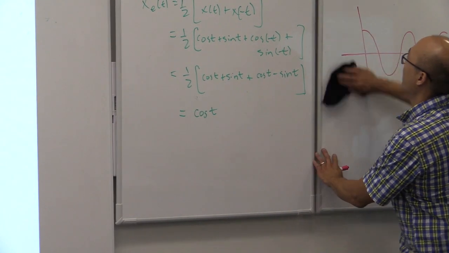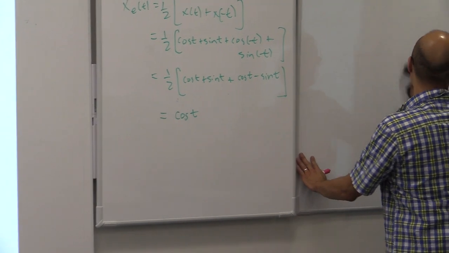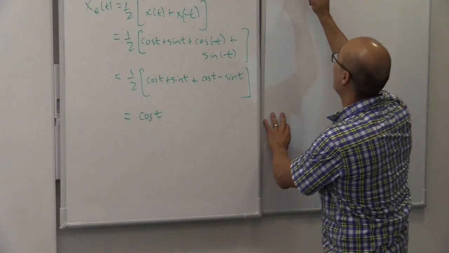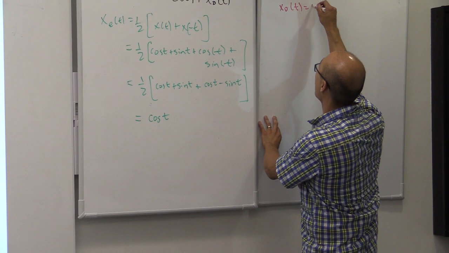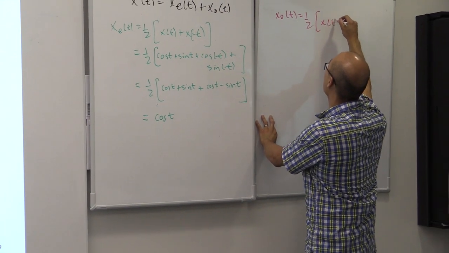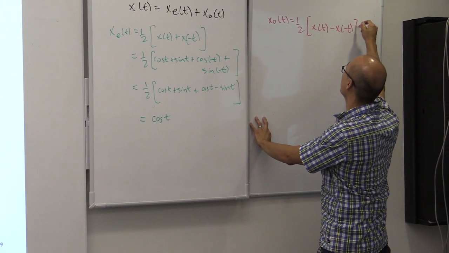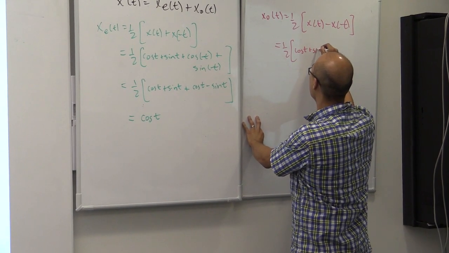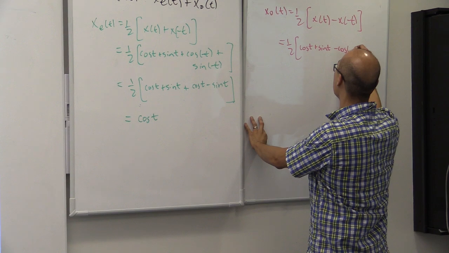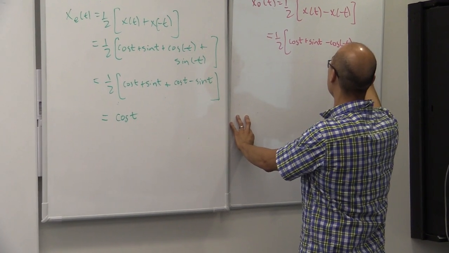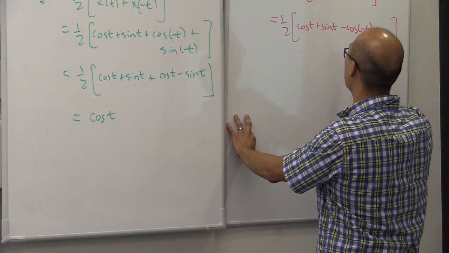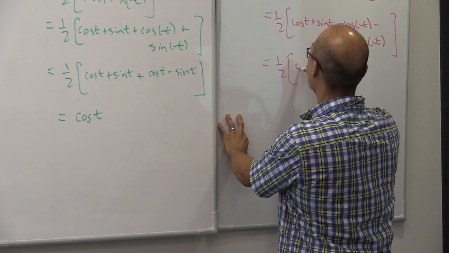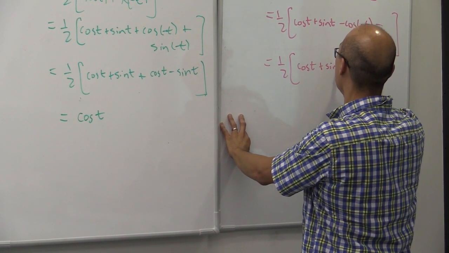If I take a look at x o of t, x o of t is a half of x of t minus x of minus t. So in this case, it's a half cosine t plus sine t minus cosine of minus t minus sine of minus t.